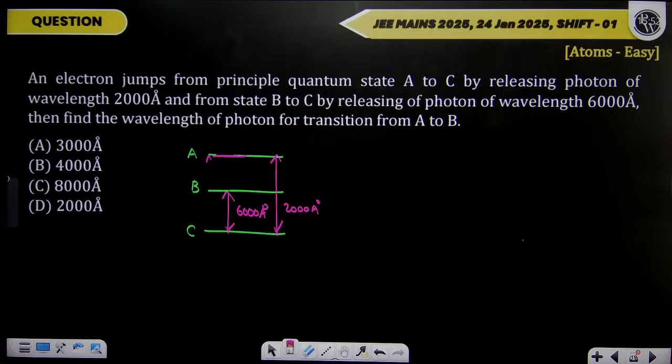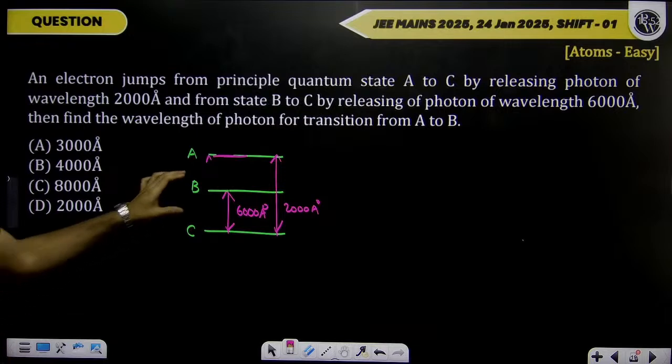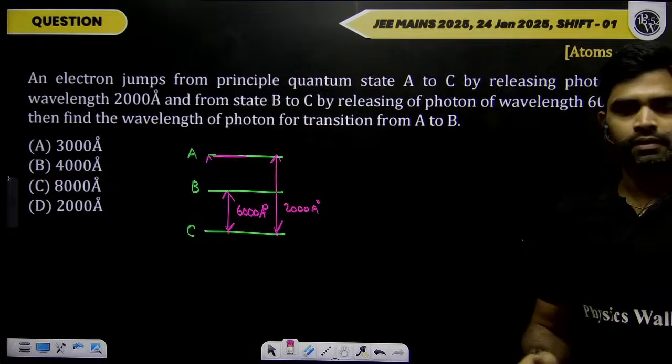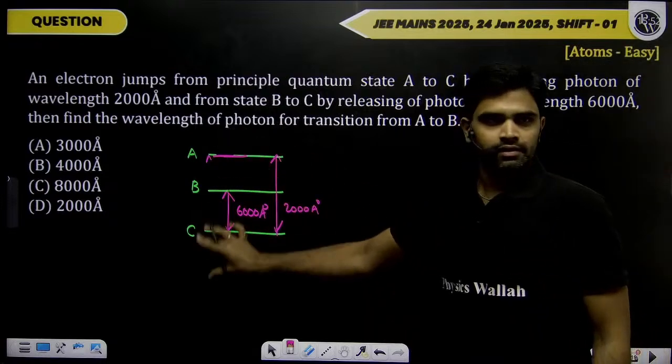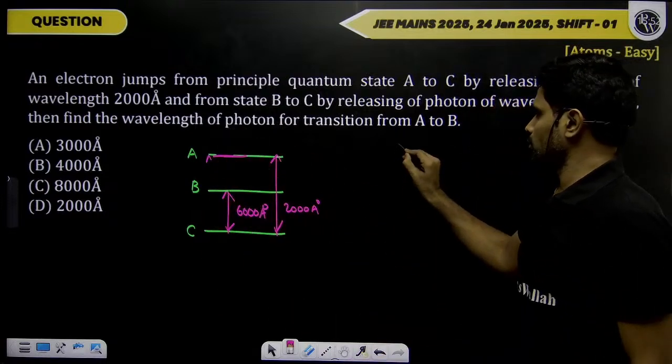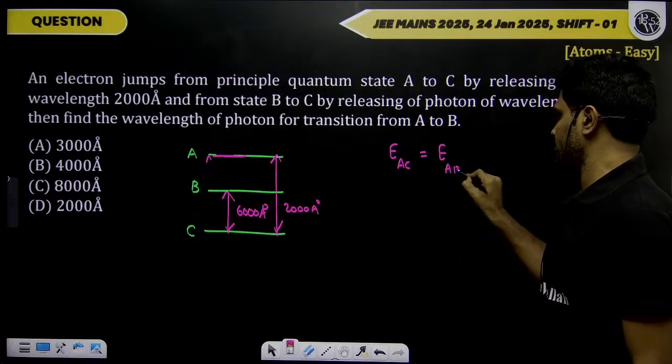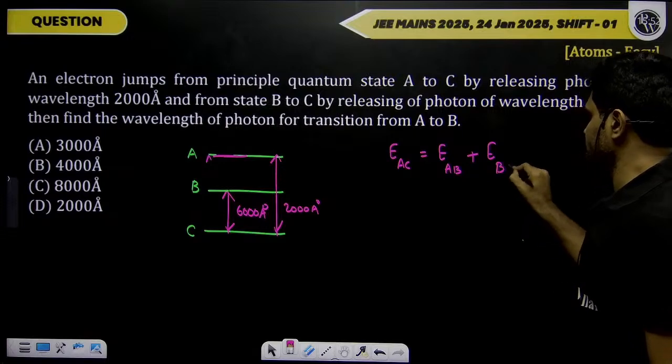A to C, it is releasing 2000 angstrom, and B to C, it is releasing 6000 angstrom. They're asking the wavelength for the A to B transition. Very simple, energies you can add. So energy A to C should be energy A to B plus energy BC transition, right?